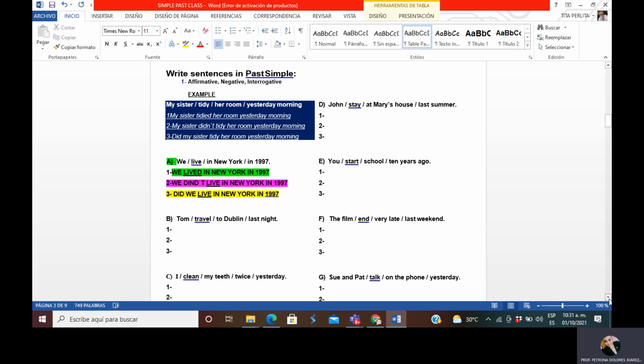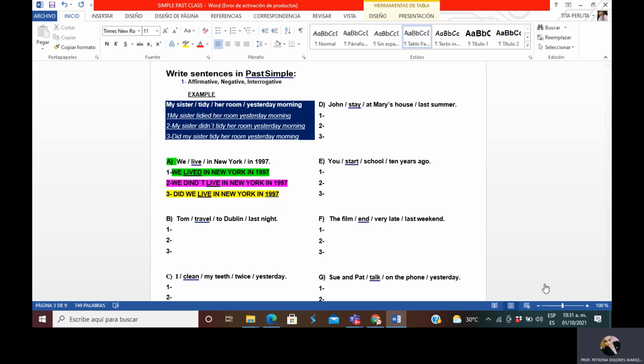En este caso tengo un ejemplo que dice My sister tidied her room yesterday morning. Como me lo pide en pasado simple, el verbo tidy tiene consonante más y, por lo tanto en pasado simple sería afirmativo My sister tidied her room yesterday morning. Pero cuando la voy a cambiar a forma negativa, debe decir My sister didn't tidy her room yesterday morning. Y se observa, el verbo lo regreso a su forma base porque estoy colocando el auxiliar didn't.